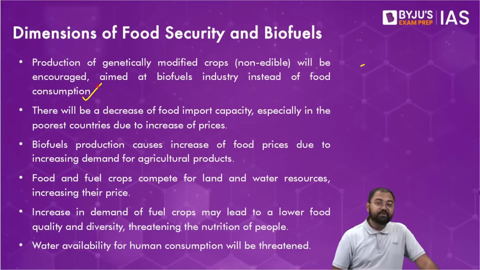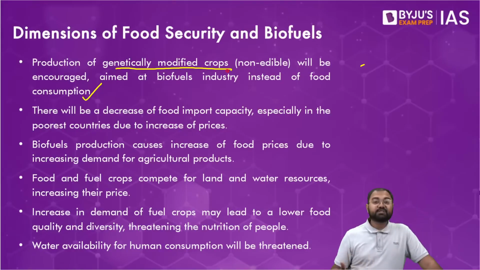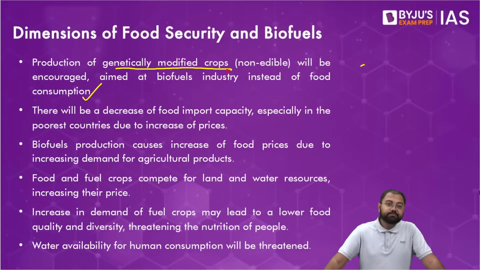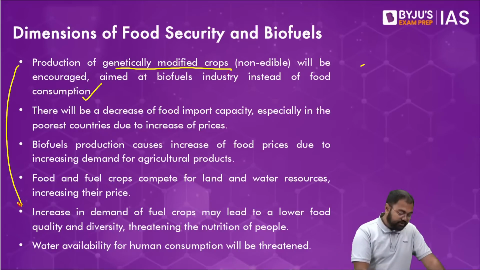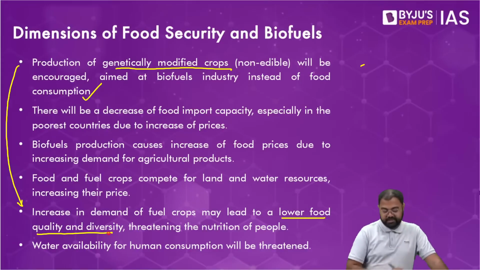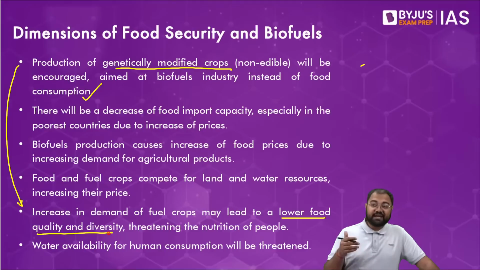This is something that we need to understand, and because of that we might not see a very good nutritional value in the crops that are being produced. Because ultimately what will happen is, if you read this along with this particular point, that increase in demand for fuel crops will lead to lower food quality and diversity, because we will largely try to enhance the production in terms of quantity and not the quality, right?